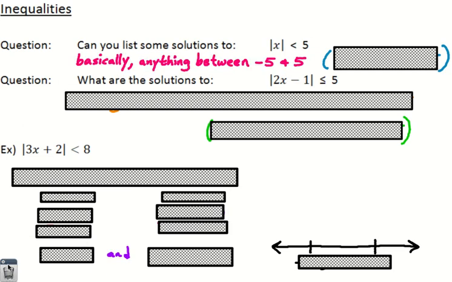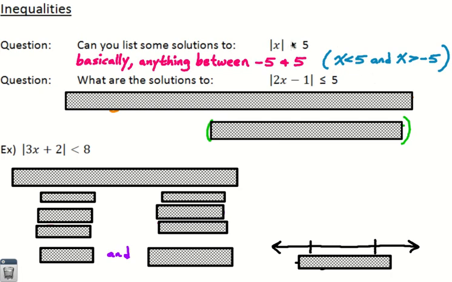Essentially, we're talking about anything between negative 5 and 5, which when you write it in math lingo is like this. And yes, the word is "and" for a reason, because of the whole in-between thing. Any number that wants to satisfy this inequality has got to be less than 5 and greater than negative 5. It's got to be in between negative 5 and 5, hence the word "and."